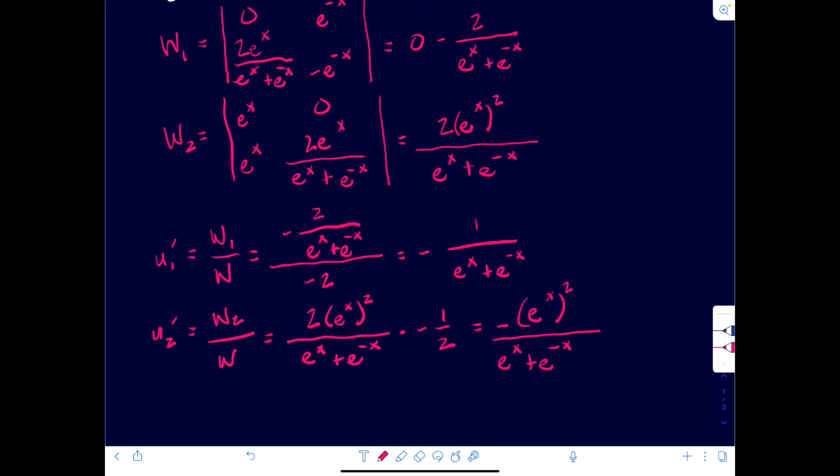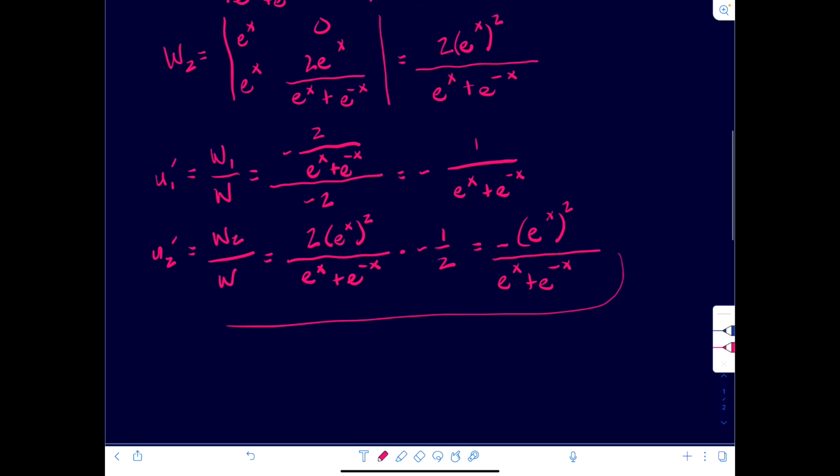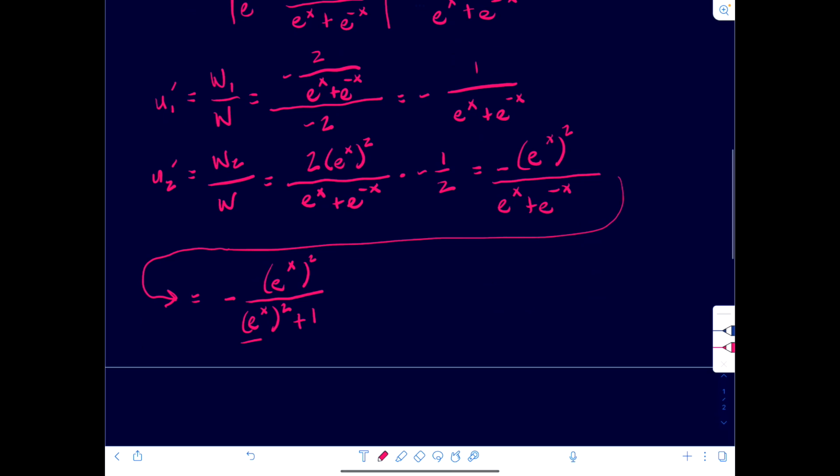Now, I think I can work with this one a little bit more. So this will be negative. I'll keep this as e to the x, quantity squared, over e to the x, quantity squared, common denominator, all over e to the x.